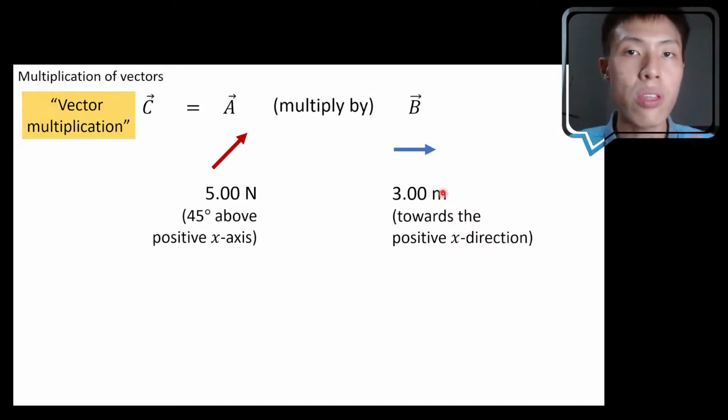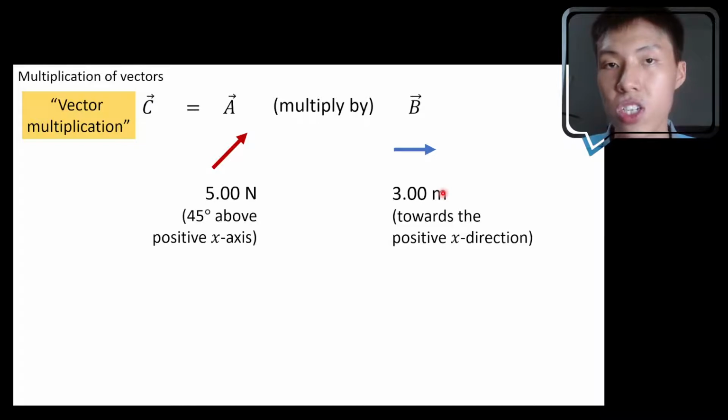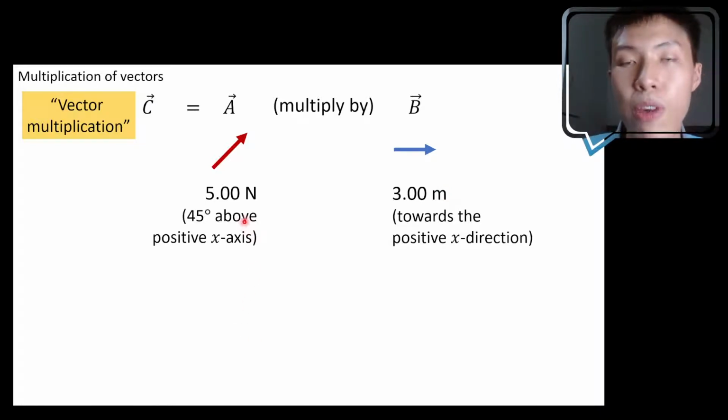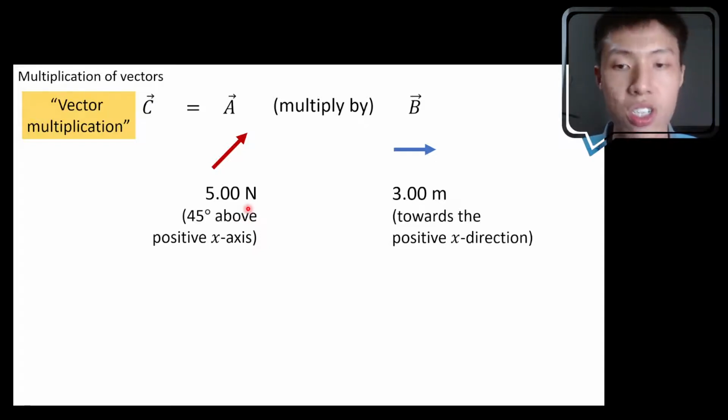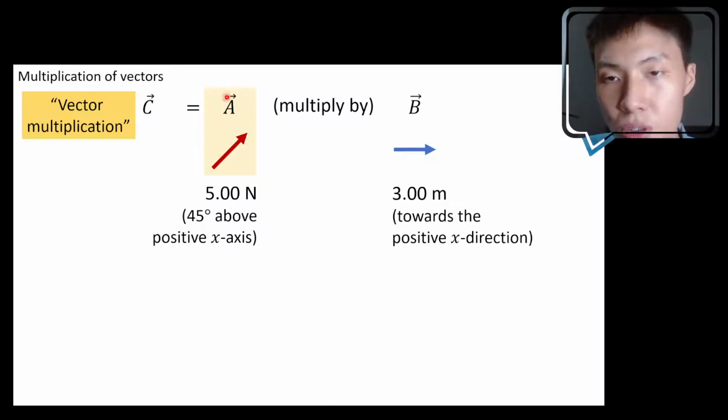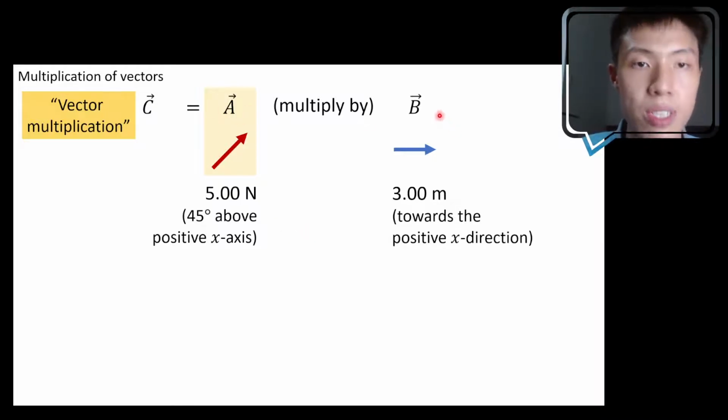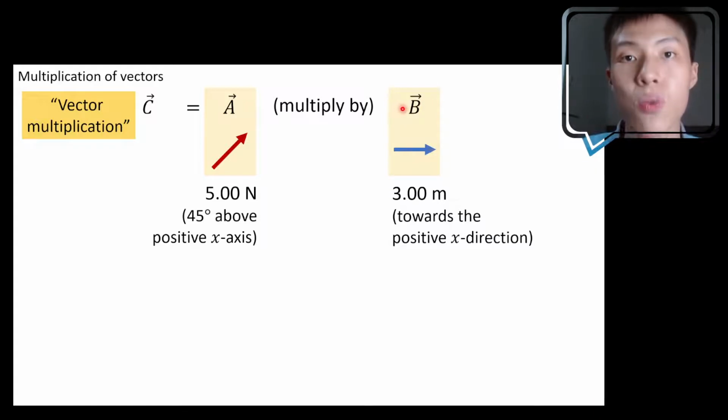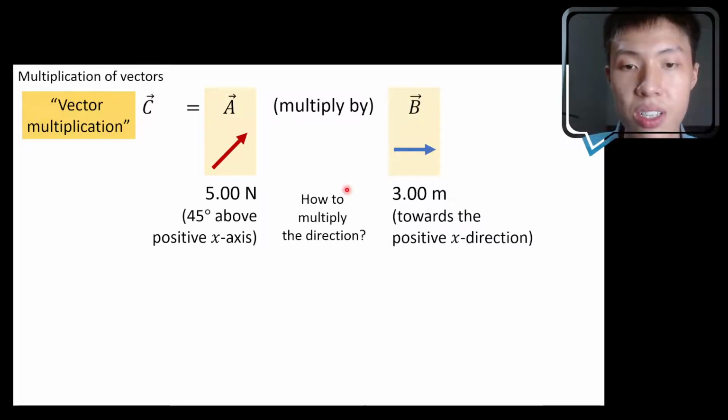If there's no direction involved, any multiplication is just what we have learned since primary school. But now, vector comes with direction. You cannot ignore the direction. In that case, how do you multiply A with a specific direction with B, which has another specific direction? How to multiply the direction?